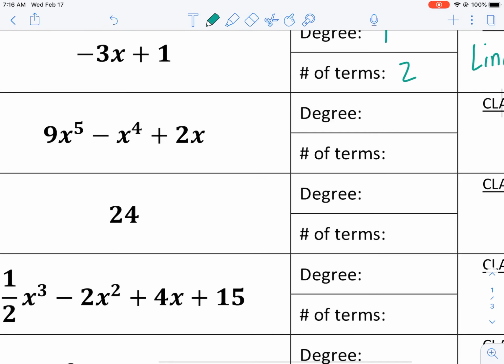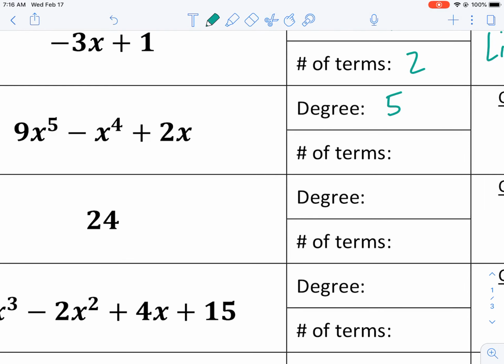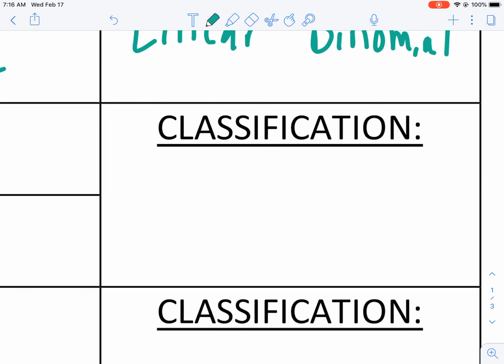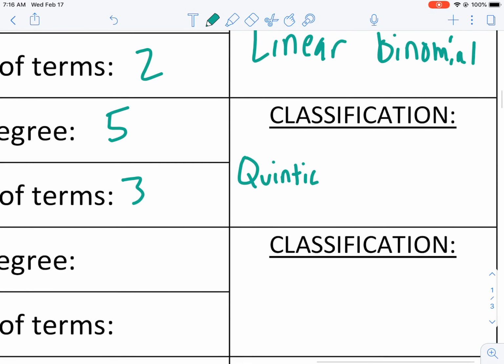Degree of 5, number of terms is 3: 1, 2, 3. So this one would be called a quintic trinomial.